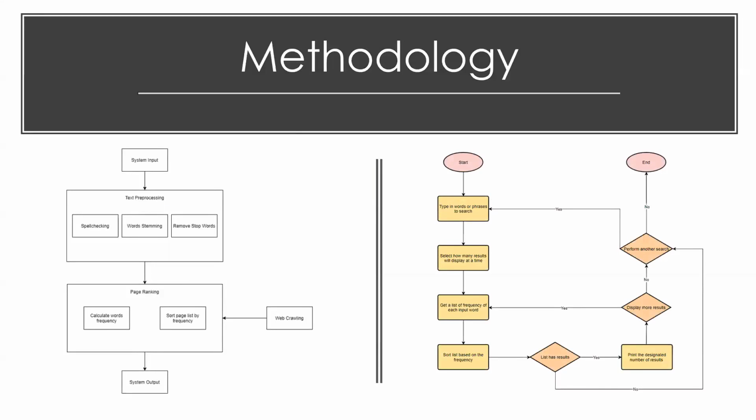On the right-hand side, the flowchart gives us more detailed information about the search engine, including the sequences and the logical operations. In this diagram, we can see there are three condition blocks, and these three blocks will change the direction of the diagram by the user's input.